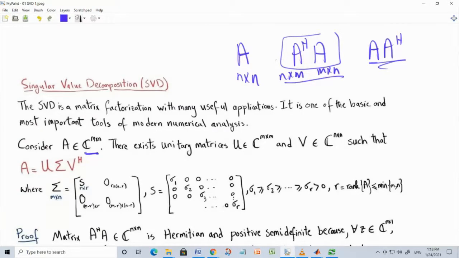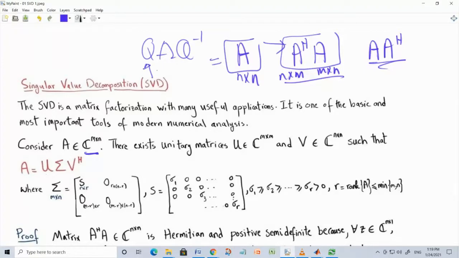The remaining part of the story is simply now, okay, you wrote down the Eigen Analysis of A Hermitian A, which is doable, but how can you write something for A itself? It turns out that for A itself, you will need to use two left and right matrices. If you do Eigen Decomposition for a square matrix that is diagonalizable, then you can write this as Q lambda Q inverse.